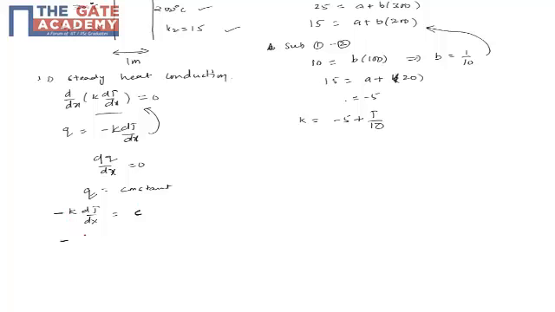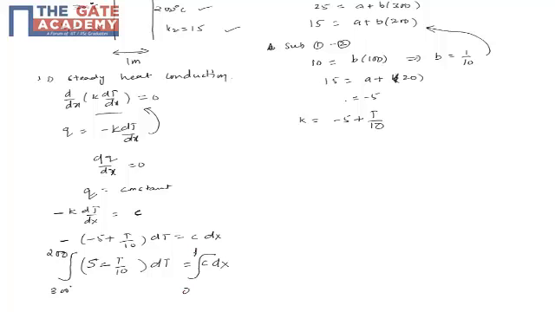Now the K variation I got, so let's substitute: minus (minus 5 plus T by 10) dT equals C dx. I take dx to that side, so it's (5 minus T by 10) dT equals C dx. Now I need to find C. C is constant, remember, so I'll integrate with the lower limit 300 degrees Celsius and 200 on the right-hand side, and on this side with limits 0 and 1 meter.